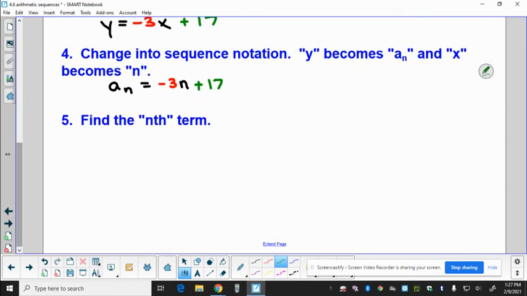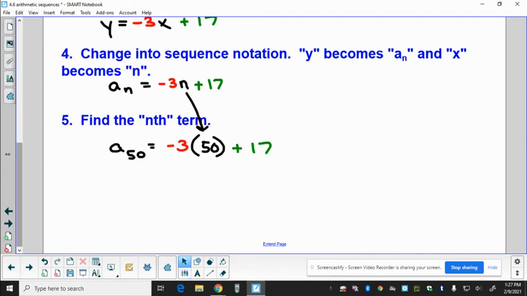We can use our equation. So if I look at this equation I have above, and I want to find the 50th term, here's the way I do this. I know it's going to be -3 times 50. I'm going to substitute that for N, plus 17.